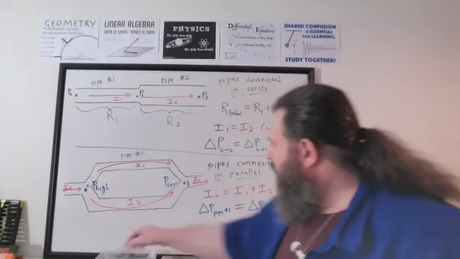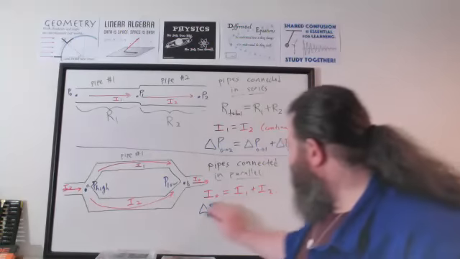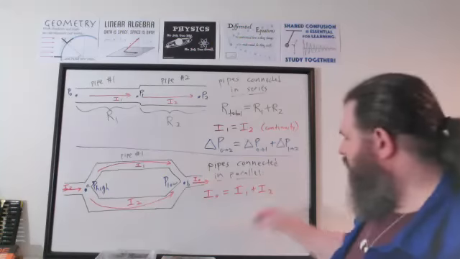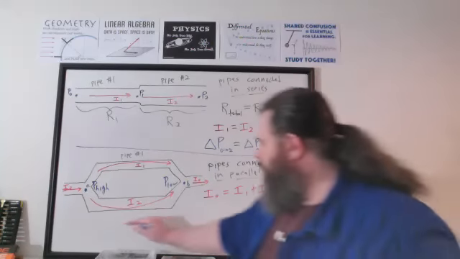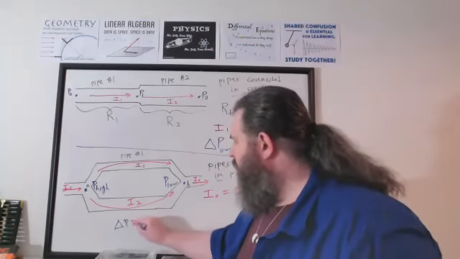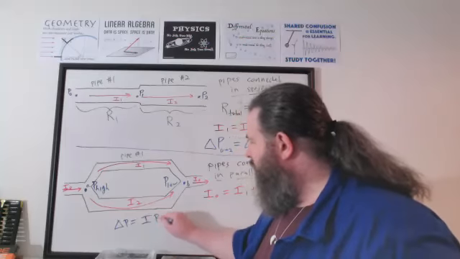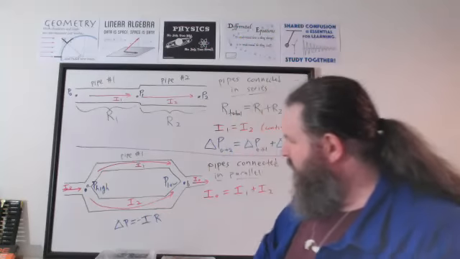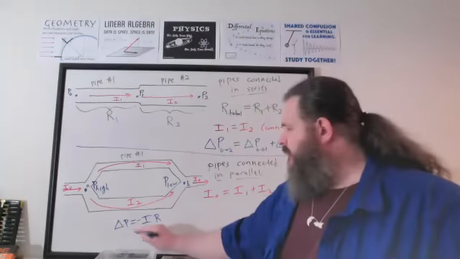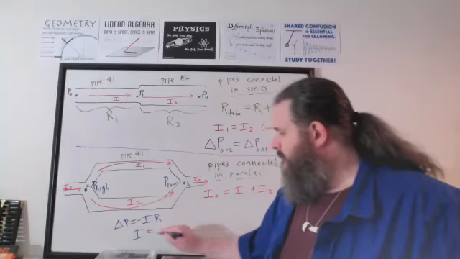And to calculate the amount of resistance, we can actually use the idea of the currents adding together. Going back to the idea that delta pressure equals IR, let's include the negative. If we solve this for I, what do we get?